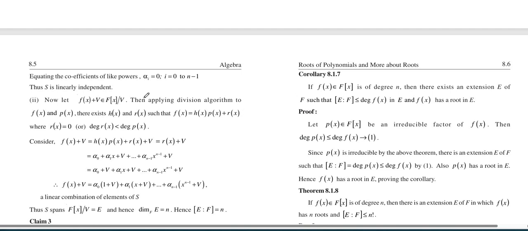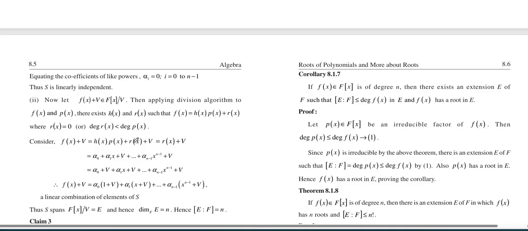Now in this, you have r of x to be 0, or the degree of r of x is less than the degree of p of x. Now you consider f of x plus capital V. F of x is replaced by this quantity plus V, and V being generated by p of x. We can interchange these two because under addition the polynomial ring is commutative.